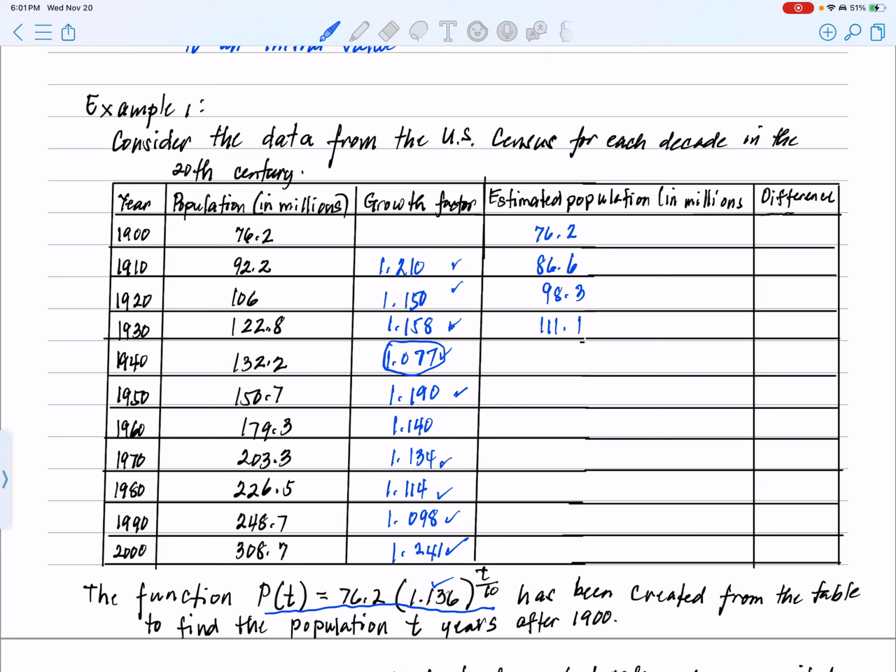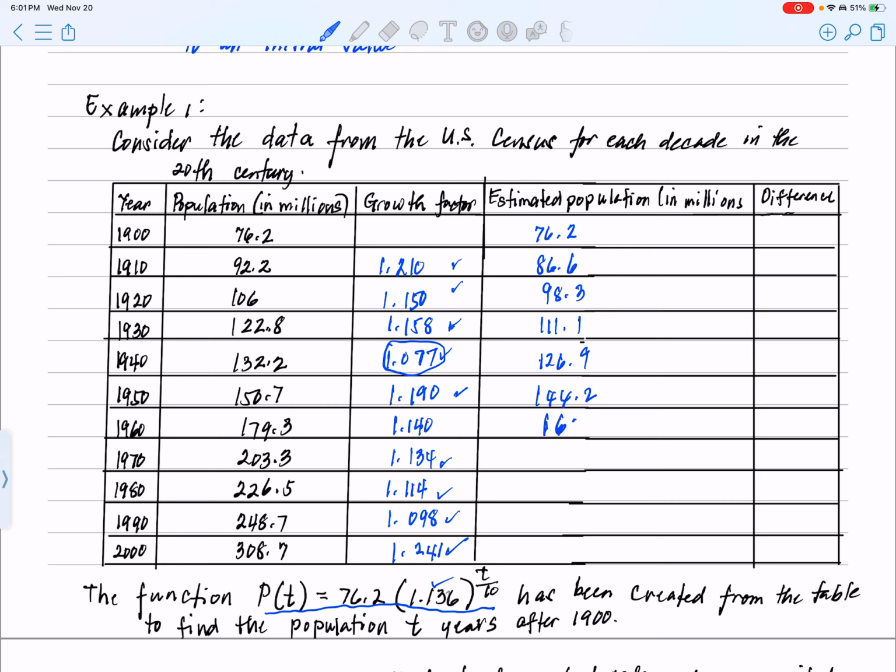Then 111.1 times 1.136, you come up with 126.9. 126.9 times 1.136, you come up with 144.2. 144.2 times 1.136, you have 163.8.